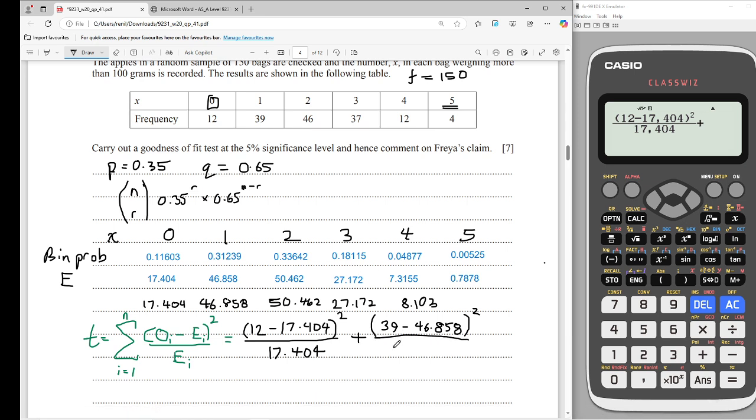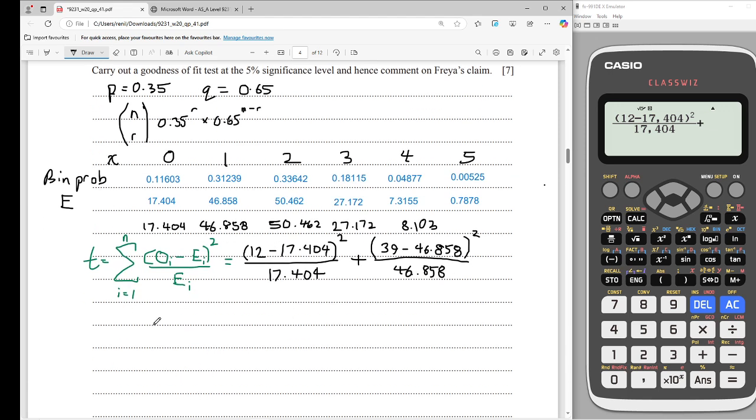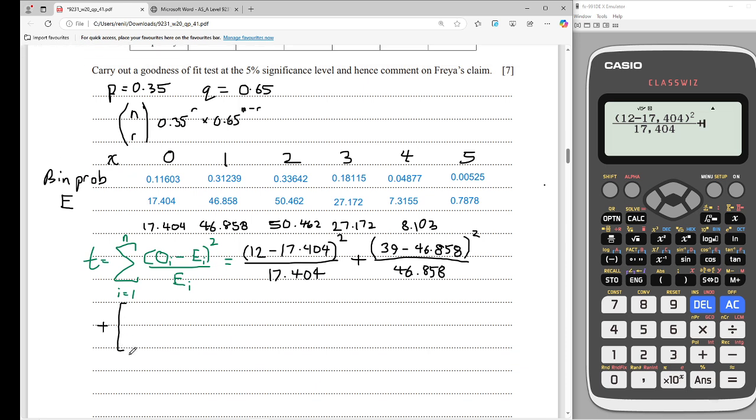We'll divide that with our expected value of 46.858, and now this may seem a little too tedious. I understand this. It's because it's a binomial distribution problem, so our value is going to be much more difficult to calculate because of how many decimal places it has and its inability to be expressed as a fraction.